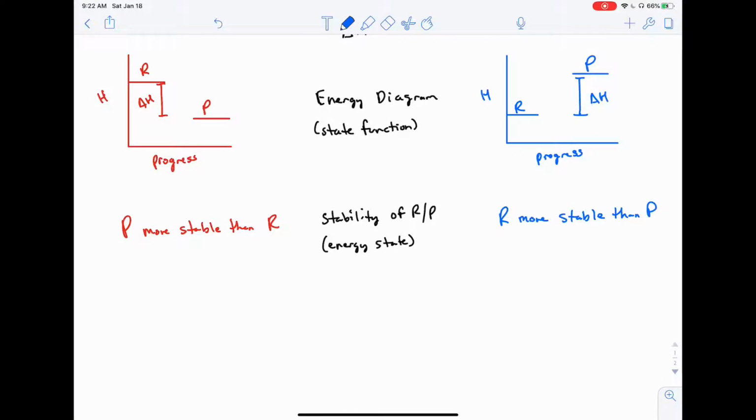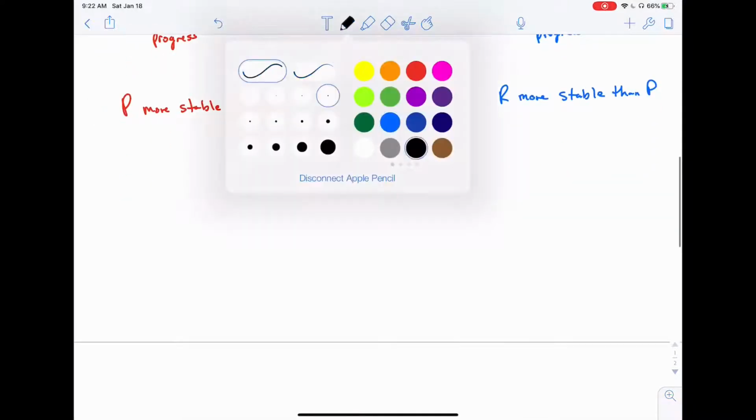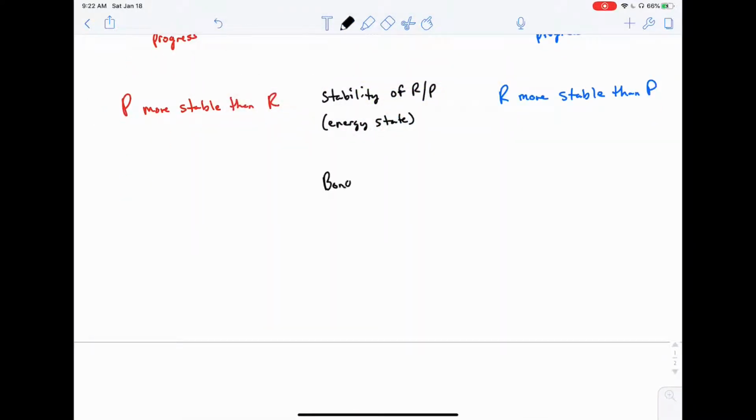Also in here, bond transformation. What type of bond process is happening with an exothermic versus endothermic reaction? An exothermic reaction is bond forming.